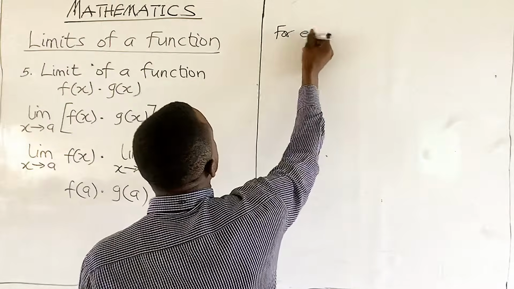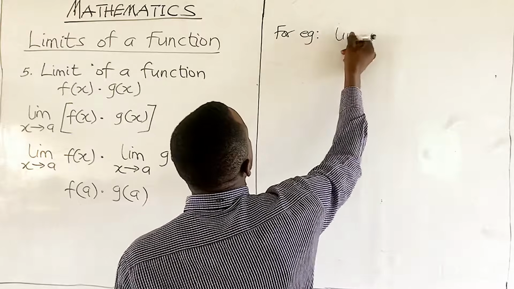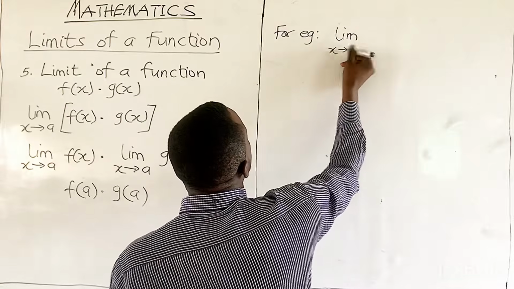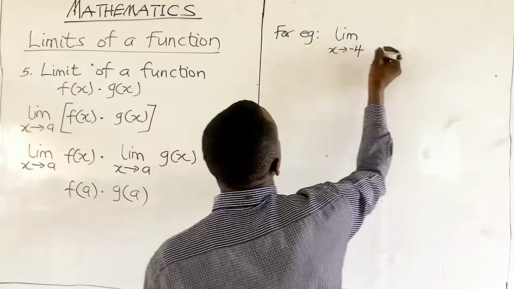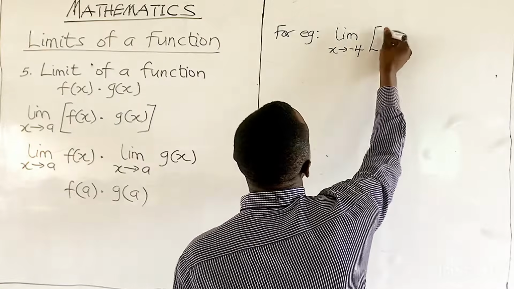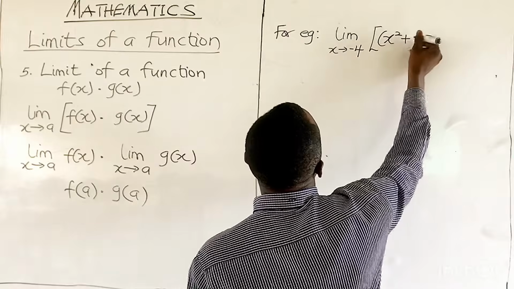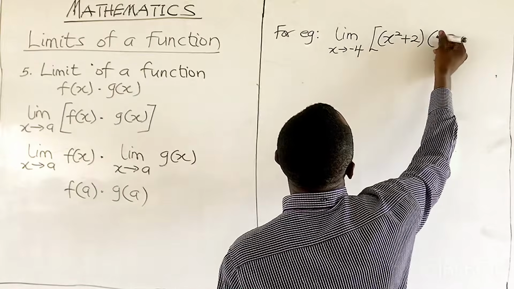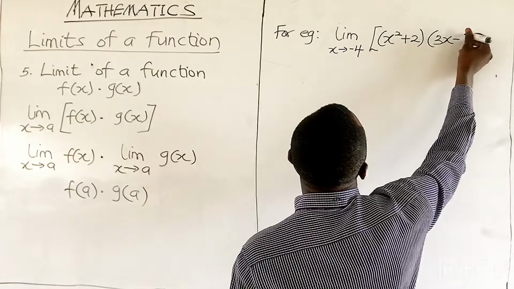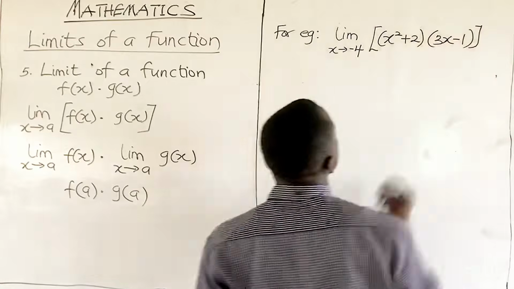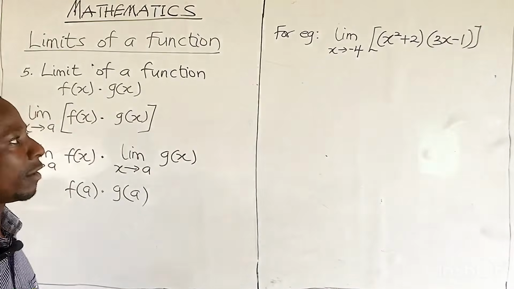So now let's look at an example. For example, limit as x approaches -4, and in the function we have x squared plus 2 and then 3x minus 1. So these are the two functions we have.